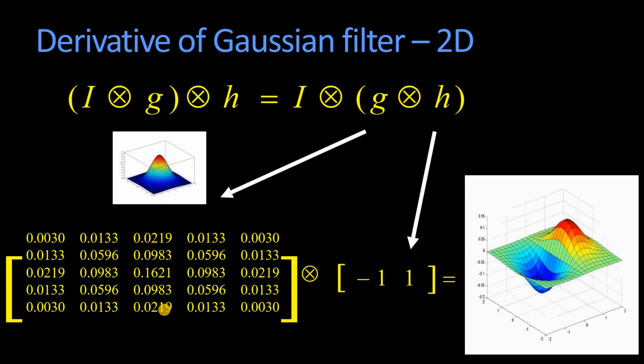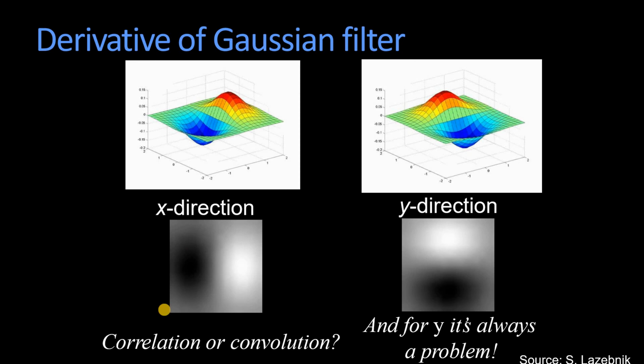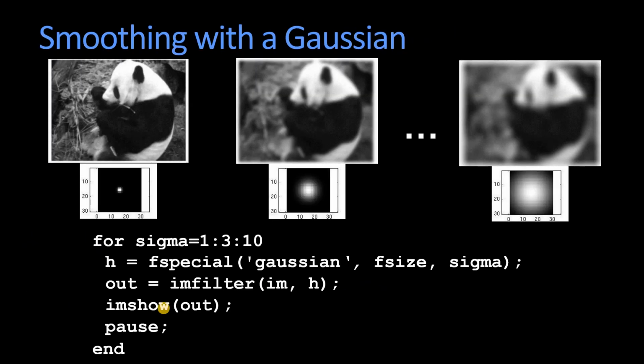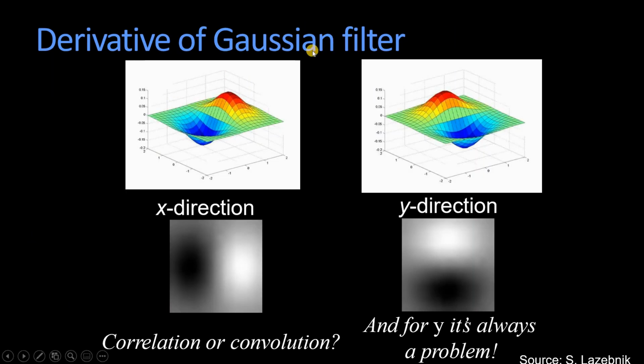So here are some details given. Leave these calculations. We are not interested. So here it is. If you see the derivative of the Gaussian filter in x direction and the y direction, if you want to see them as an image, the image will be like this. Remember, some time ago in one of the chapters we discussed that the Gaussian filter, if you look at it as an image, it's just like a white spot.